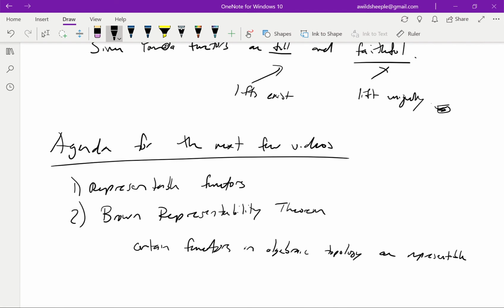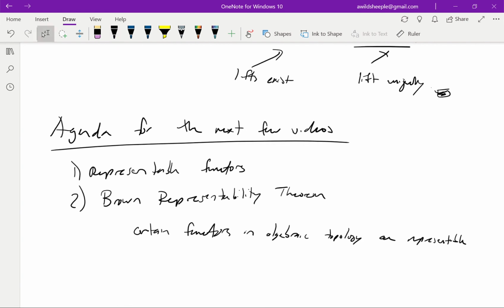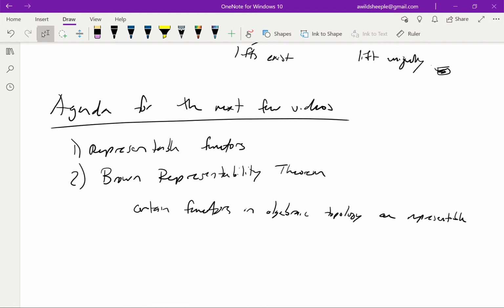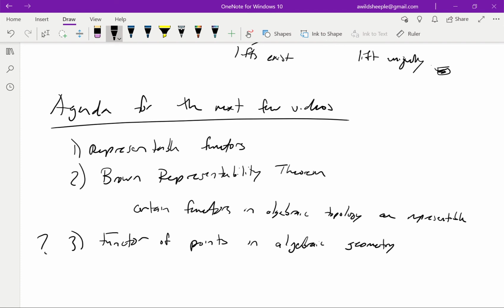And I don't want to say too much because A, I don't want to spoil it for those of you who don't know this cool story, and B, I don't want to drag this on any longer. But I want to at least sketch the proof of this theorem as well as set up some of the machinery of algebraic topology for you guys. And then maybe, this is a big question mark, I want to talk about the functor of points in algebraic geometry. That one's a little harder because I don't plan on doing the Brown representability theorem in full detail, since I can wave my hands at places when I'm setting up what some of this stuff does.